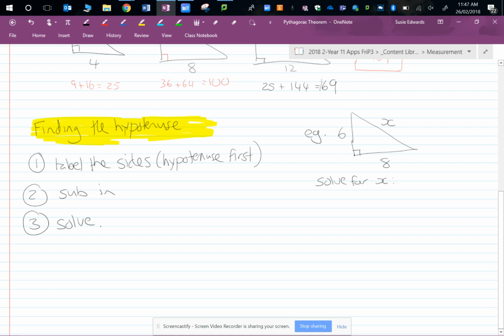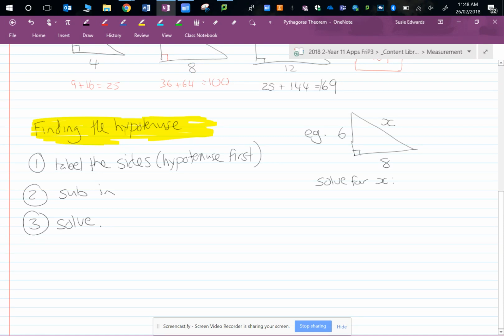What's the answer going to be? 10, straight away. Everyone should have looked at that and gone, x equals 10. Even if you had no time to do your test and couldn't do any working out, you would have written x equals 10 because it's one of the questions you can have in your non-calculus section. It's one you need to memorize, 6, 8, 10.